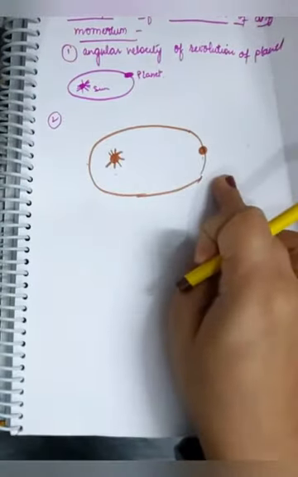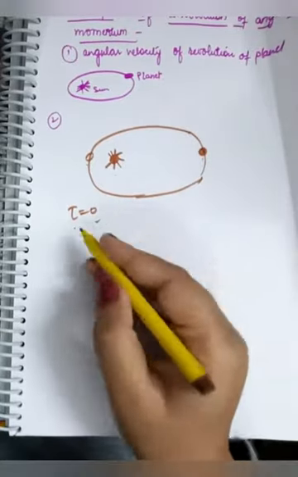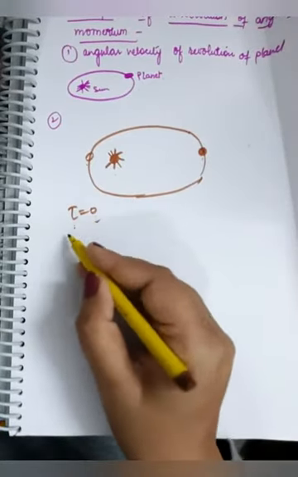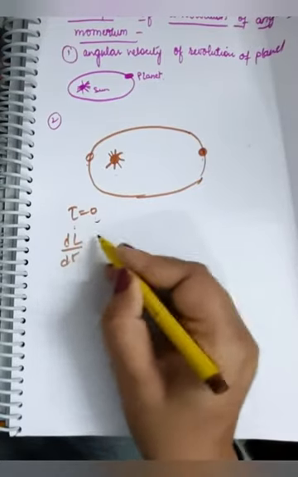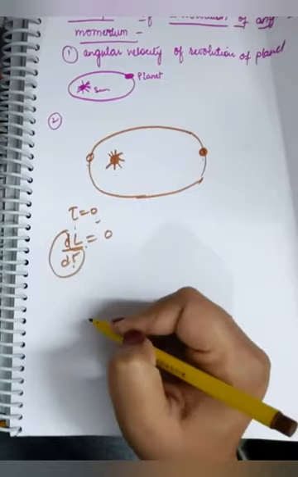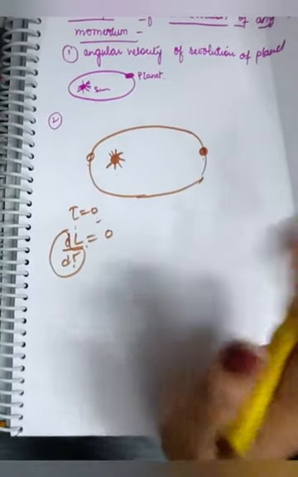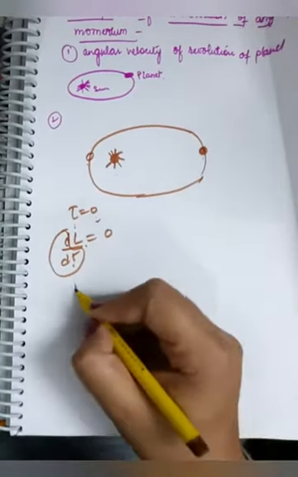So when the planet comes closer to the sun, why does its angular velocity increase? Because when tau is equal to 0, dL by dt is equal to 0. But dL by dt means change in angular momentum. So if the change in angular momentum is equal to 0, this means angular momentum is not changing. So this means angular momentum is constant.